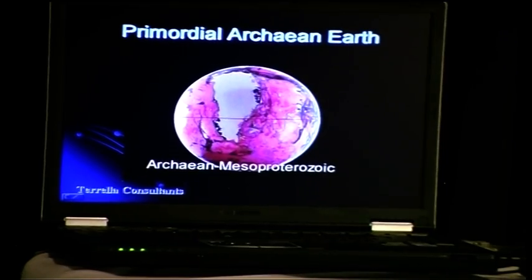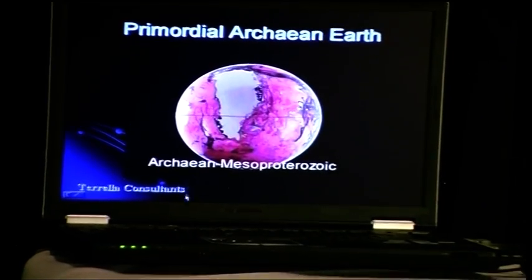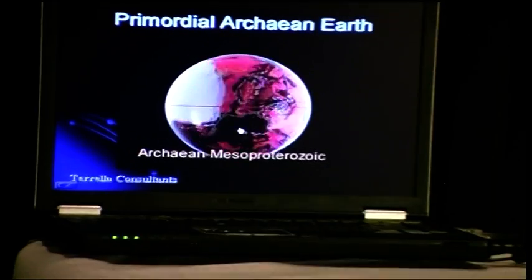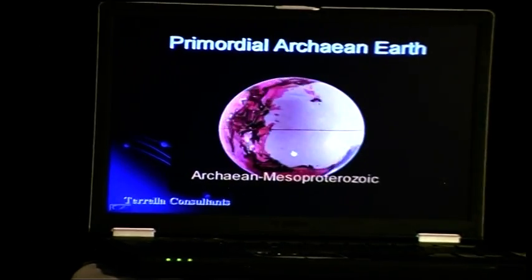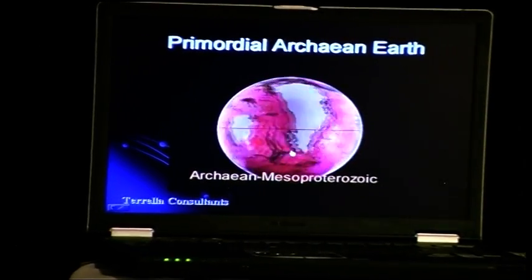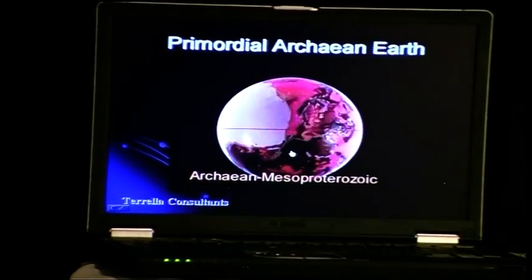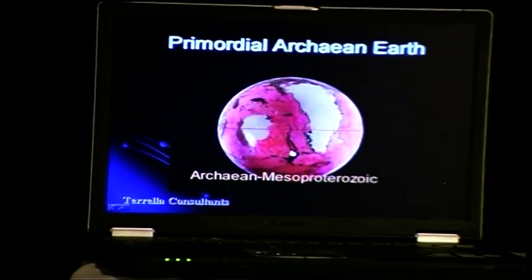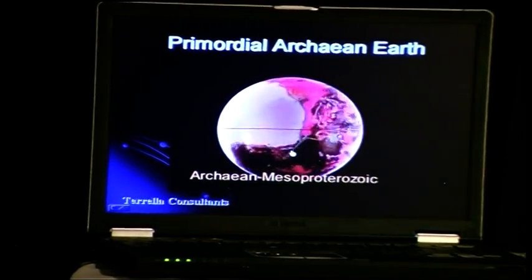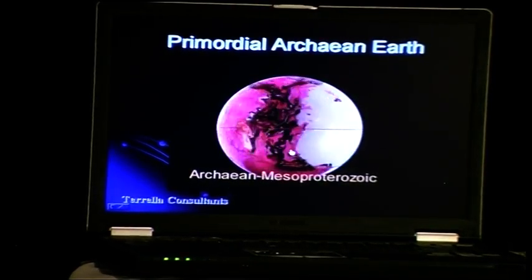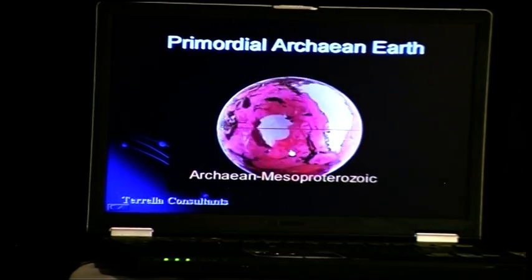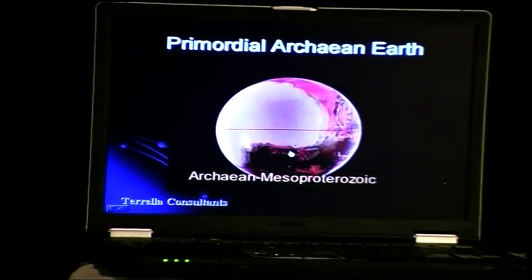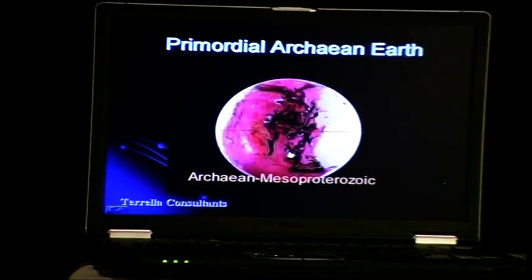So this is what the primitive Archean Earth looks like. The radius is around about the same size as the present Moon, about 22% of the present Earth radius. And this one model represents the Archean to Mesoproterozoic, about 4,600 million years ago to 1,600 million years ago.